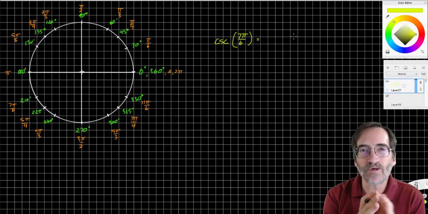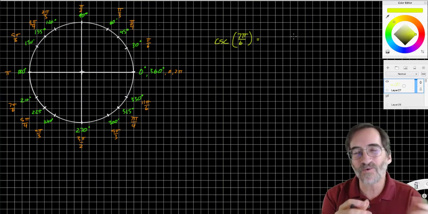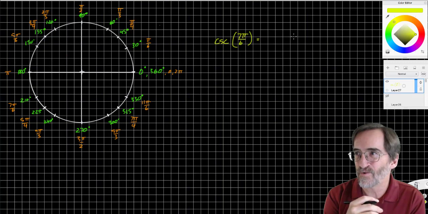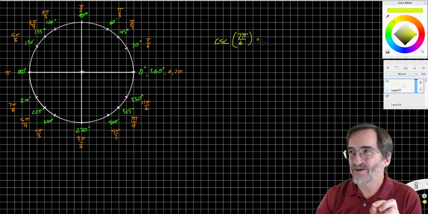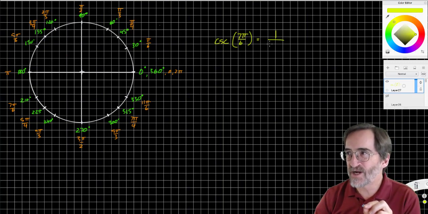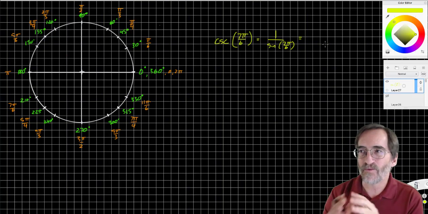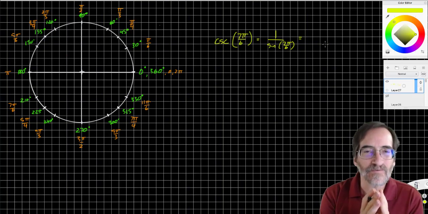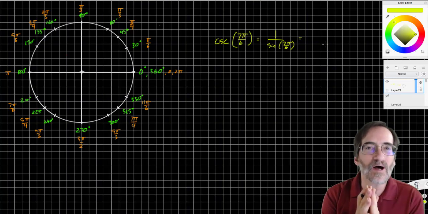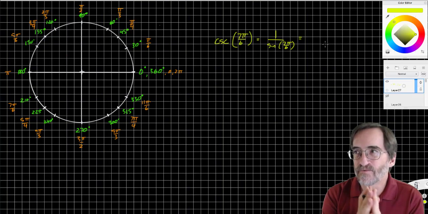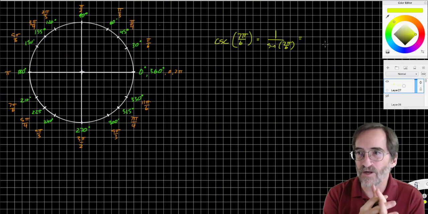The way I remember it is if the function has a co, then its cofunction does not, and if it doesn't have a co, its cofunction does. So cosecant is 1 over sine of 7 pi over 6. We think of it that way, rather than thinking of it as hypotenuse over opposite. Think of it as a reciprocal of sine, and it'll make a lot more sense.